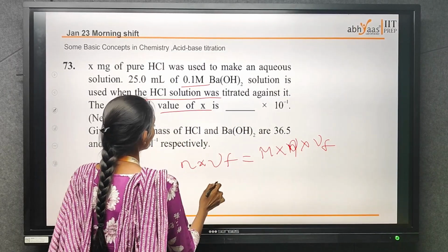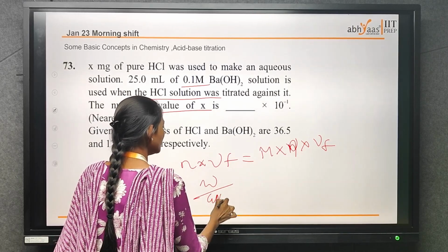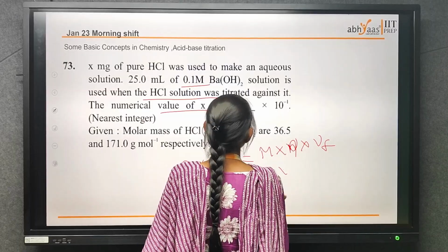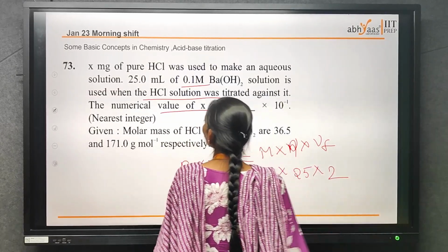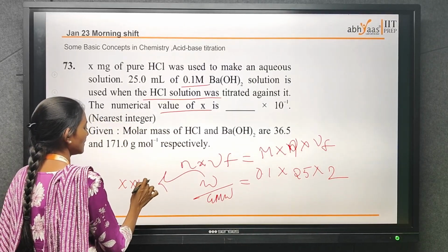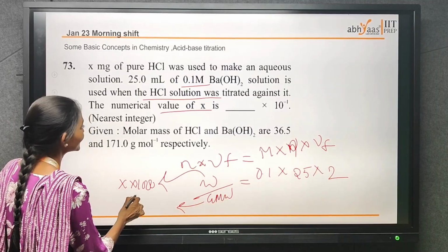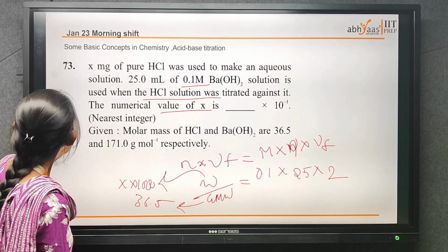So here for N, weight by gram molecular weight. For M they have given 0.1 and for V they have given 25 and 2. Right? Here for weight you need to write X into 1000. For gram molecular weight, how much do you need to write? 36.5 I guess. Upon doing the calculation you will get some value.